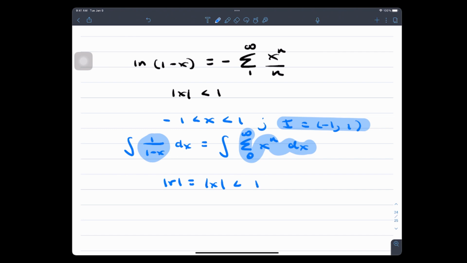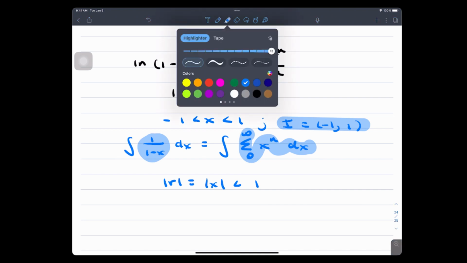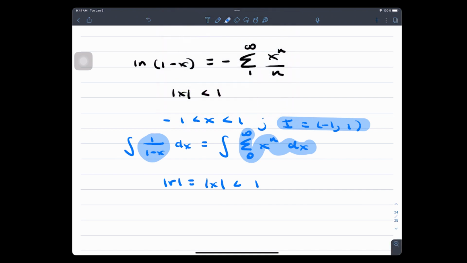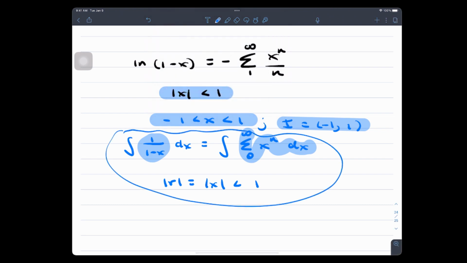So I kind of want to remind people a little bit of that detail, right? And to remark and recall that whether you differentiate a power series or integrate it, you preserve the interval of convergence, which is what we're saying really here. So I'm just going to say here, recall where it came from.